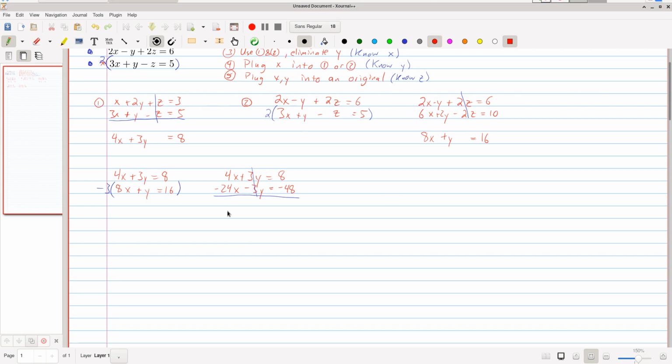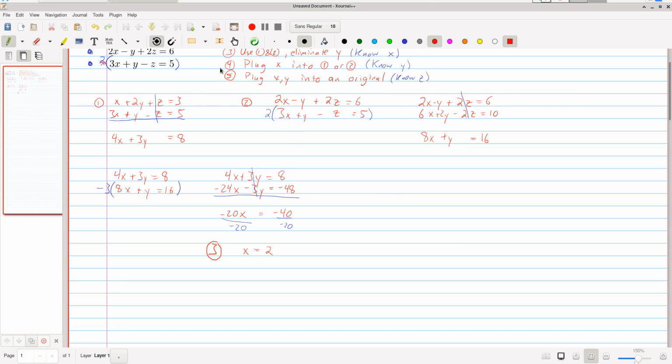If we combine like terms, we have -20x = -40. Now we divide both sides by negative 20. So we've got x by itself, and on the right-hand side, we have 2. So x = 2. This is step 3. We've found our x value.